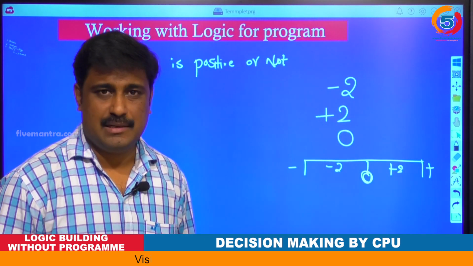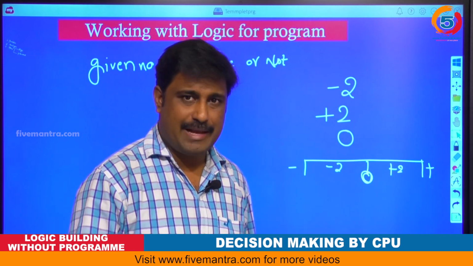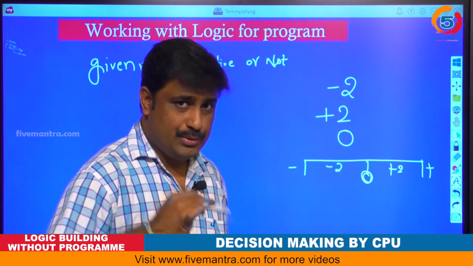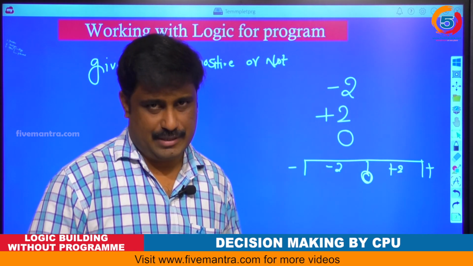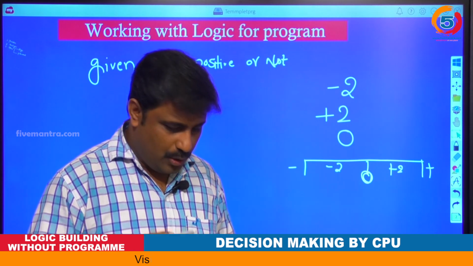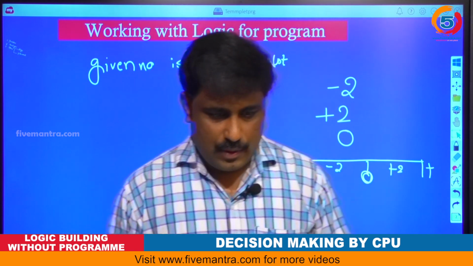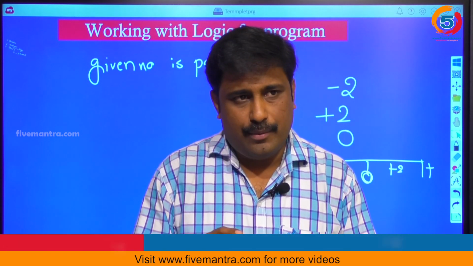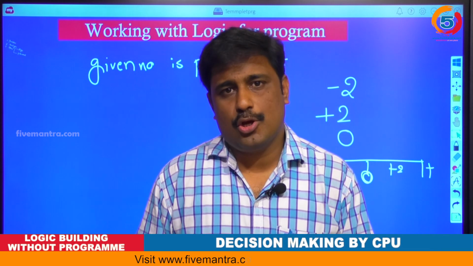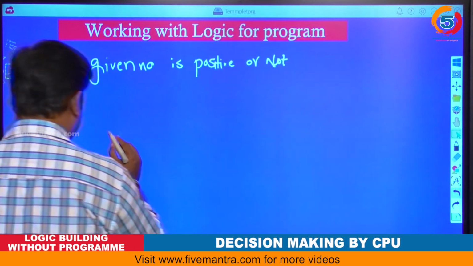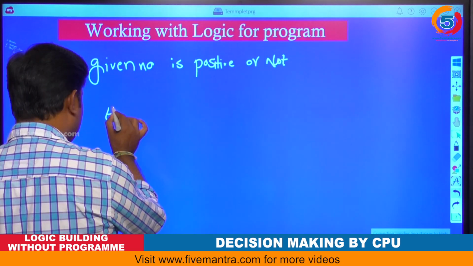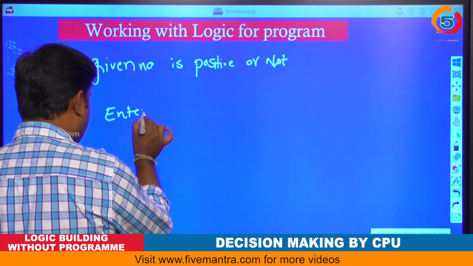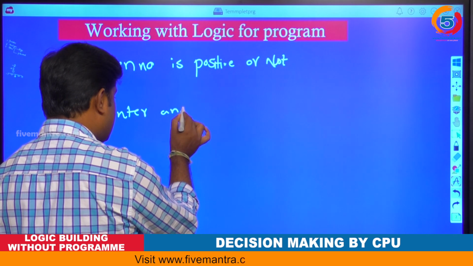Now I have to find, programmatically your program has to find whether the user given number is negative or positive or not. How to find this one? Before doing this, how will we analyze this logic with the flow chart. First I'll get the question right. Enter any number.